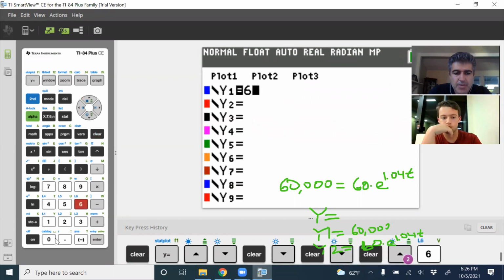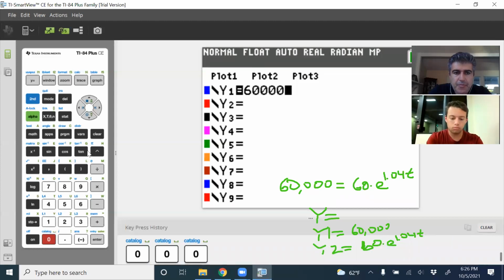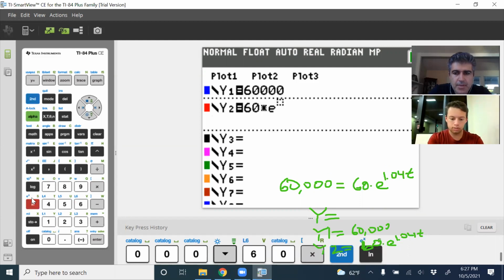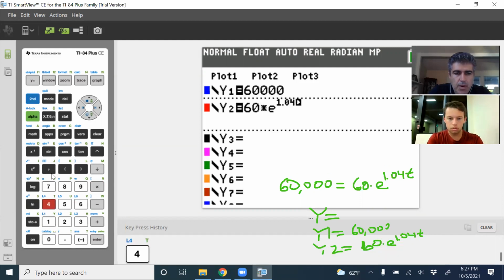So we're going to put 60,000 right here. And 60 times E 1.04. And we use X instead of T. E 1.04X. Okay.